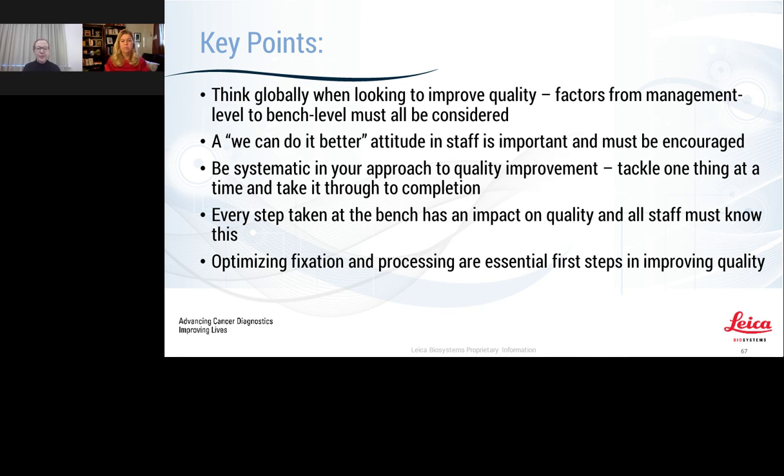In the previous presentation, I shared a theory of protocols, where smaller tissues might require a shorter protocol and very large tissues might require much longer. It's sometimes difficult to balance that when you have a mixed workload, particularly in research on animal tissues, which can be even more varied than human tissues.